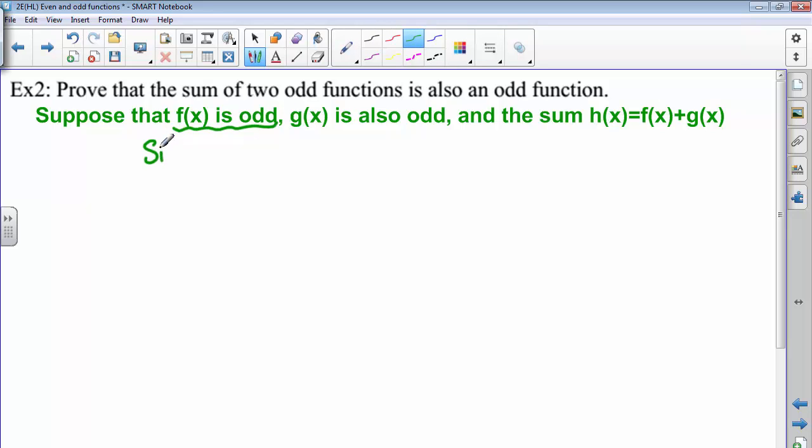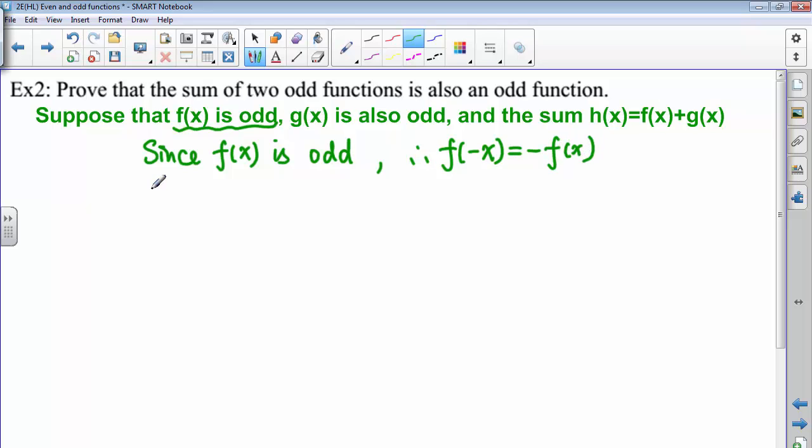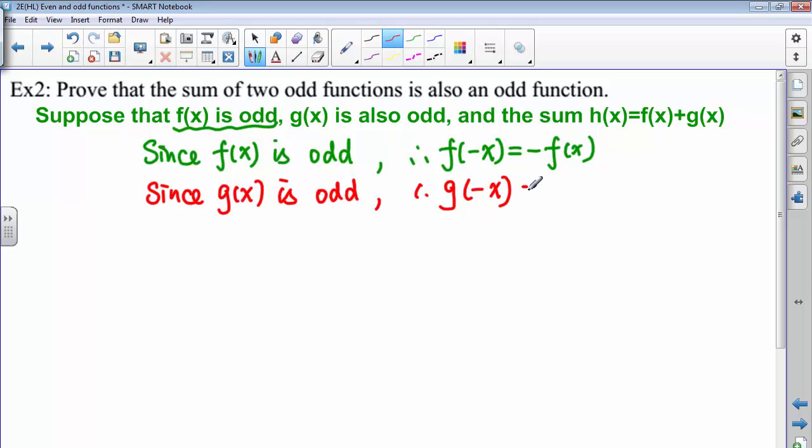We can put, since f of x is odd, therefore f of negative x is negative f of x. Since g of x is odd, therefore g of negative x is negative g of x.